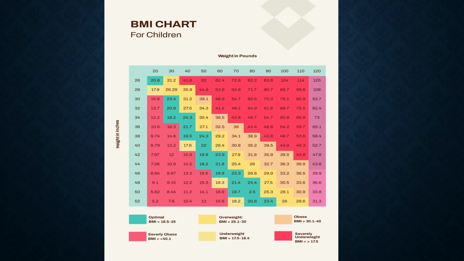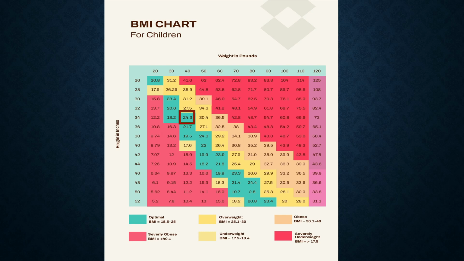And at the bottom, we can see each different representation of BMI status, ranging from severely underweight to severely obese. Now, if we took a child that was 40 pounds and was 34 inches tall, what category would they fit into? Well, we can see that they would fit into the optimal category, shown by the red outline here.